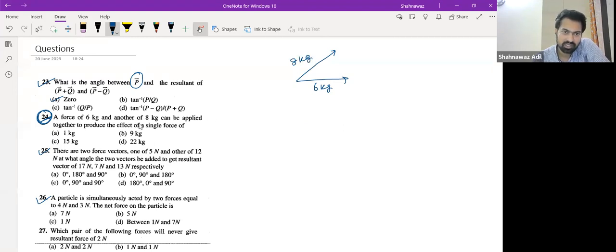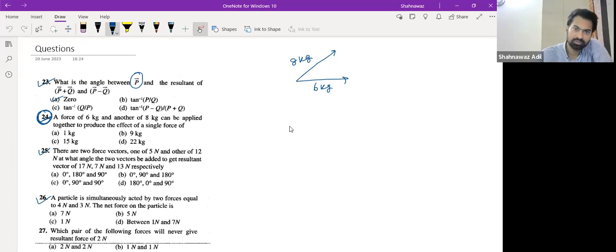So kg is not the force, but multiplied with this g, that would be the force, right? The options are 1 kg, 9 kg, 15 kg, and 20 kg. Sir, you can add both of them, right?